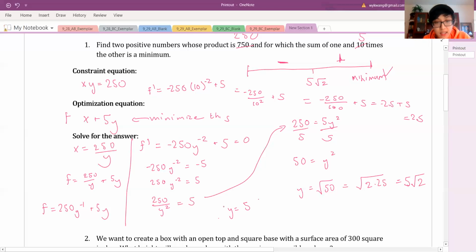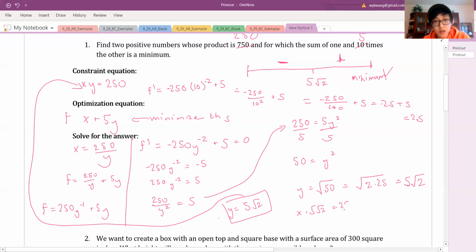Now to find x, simply plug 5 root 2 back into this equation. So x times 5 root 2 is equal to 250. And I'm not going to do the exact calculations, but it's going to come out to be x is equal to 250 over 5 root 2.